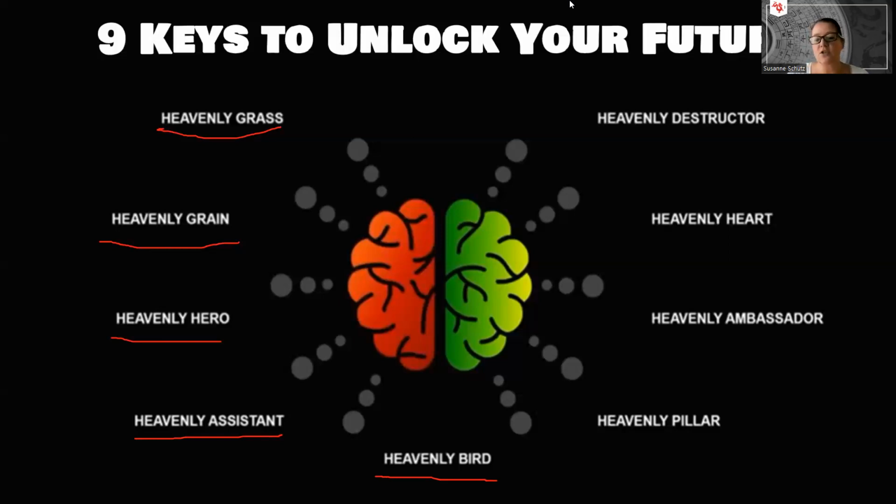Yeah, so they are cultured and refined, and they're driven by a luxurious environment. Whatever they're doing, there should be a little bit of luxury or high-end lifestyle attached to it. So you can choose either the heavenly grain way to fulfill your life purpose, or you can lean more into the heavenly bird avenue.